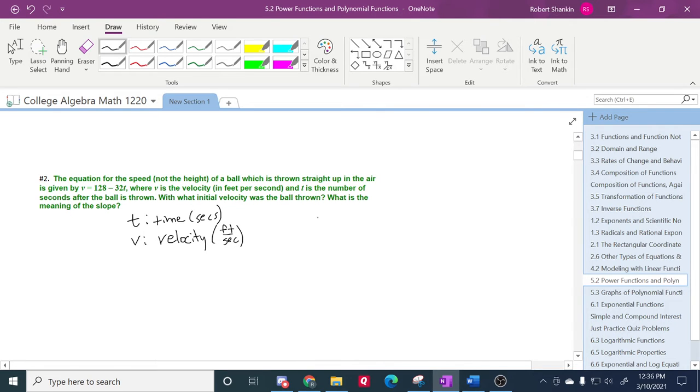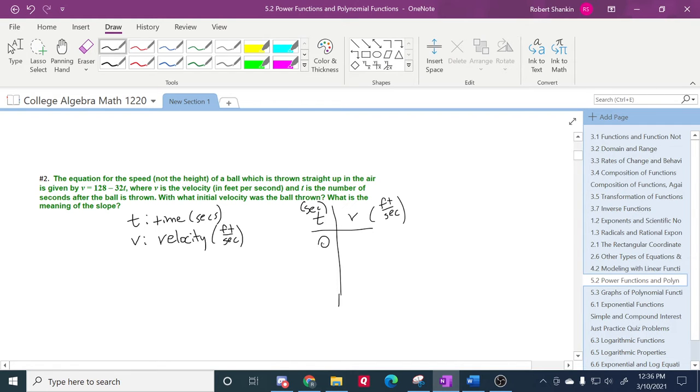And I might also, if I was really struggling with understanding this, make a T, which is in seconds, and V, which is in feet per second, chart.